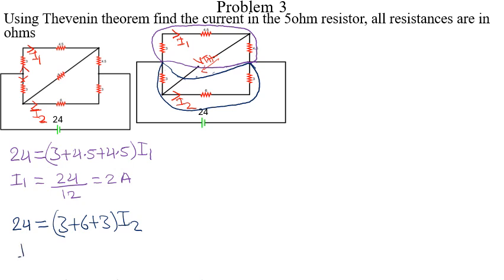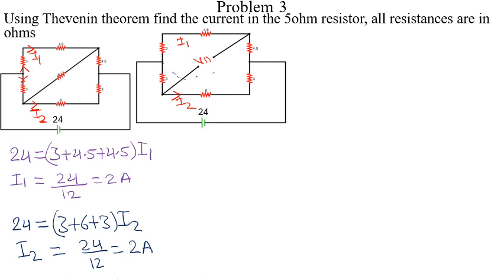After calculating, I2 here is equals to 24 over 12, which is equals to 2 amps. So we've now found I1 and I2.